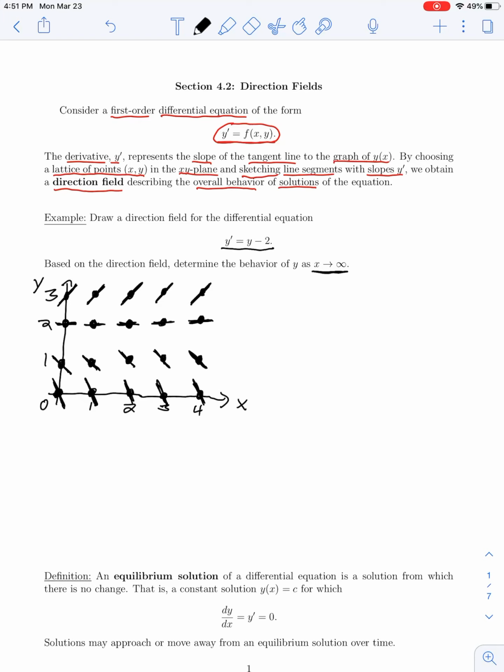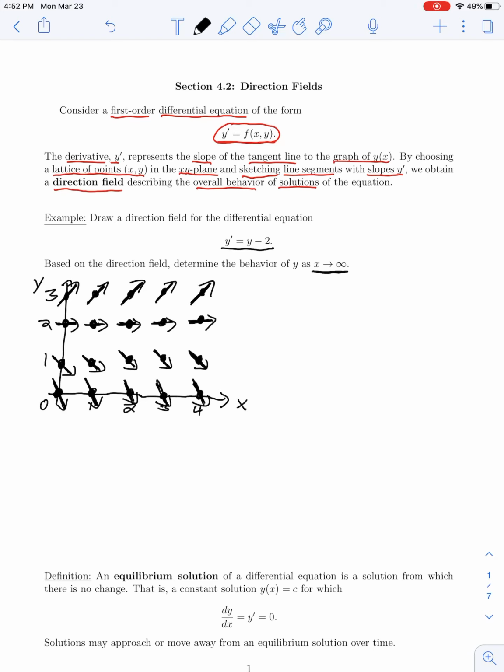That means we're moving along the x-axis from left to right. So each of these line segments, I'm going to turn into an arrow which points in the direction of increasing x. That is, from left to right along the x-axis. We're letting x become larger. So this collection of directed arrows is a direction field for this differential equation.